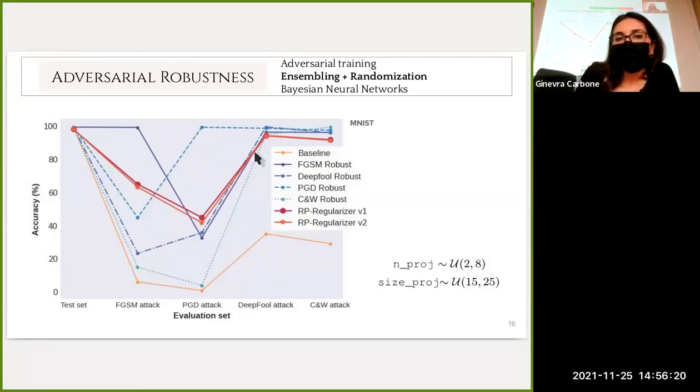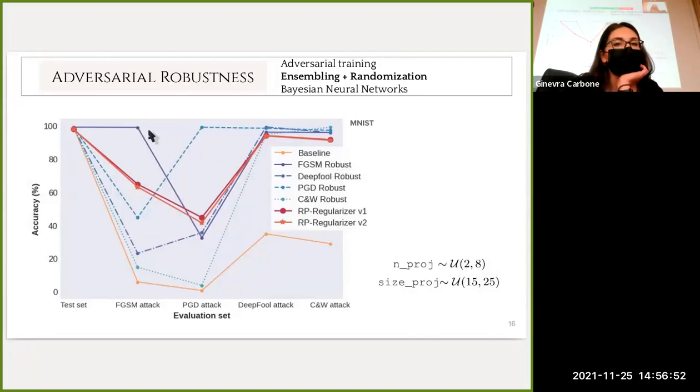We are comparing the regularizers to a baseline network, which is simply obtained with deterministic training on the training set. And then I'm comparing it to adversarially trained networks. For example, FGSM robust is trained on FGSM attacks, and so on. What we expect is that the FGSM robust network, for example, should be the best performing one against FGSM attacks.